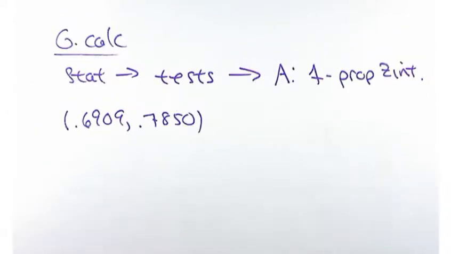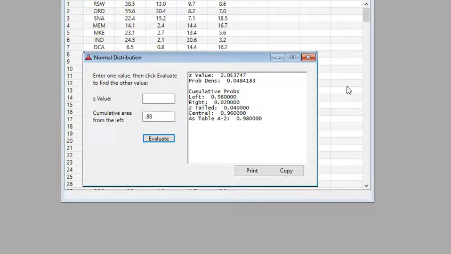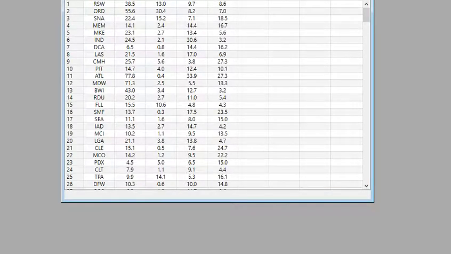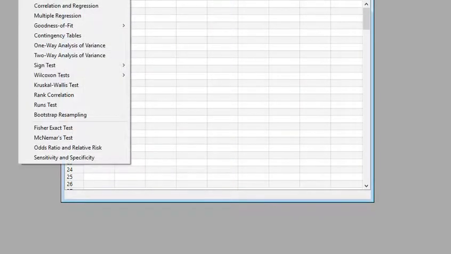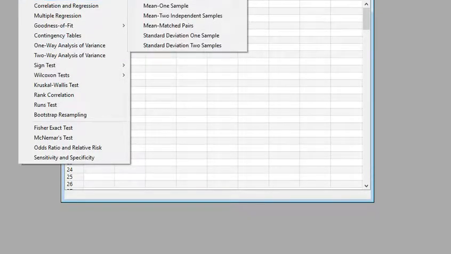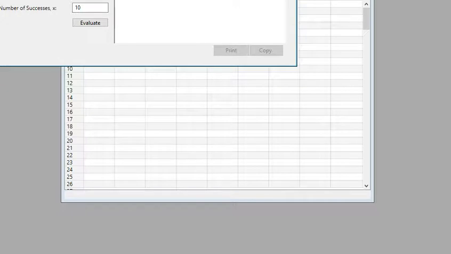What if we did it, say, on Statdisk? Let's take a look at it there. Let's clear out this stuff. Let's go to analysis, then confidence intervals. We want a one proportion, proportion one sample. 95% confidence interval, 580 was the N, and we had 428 successes.